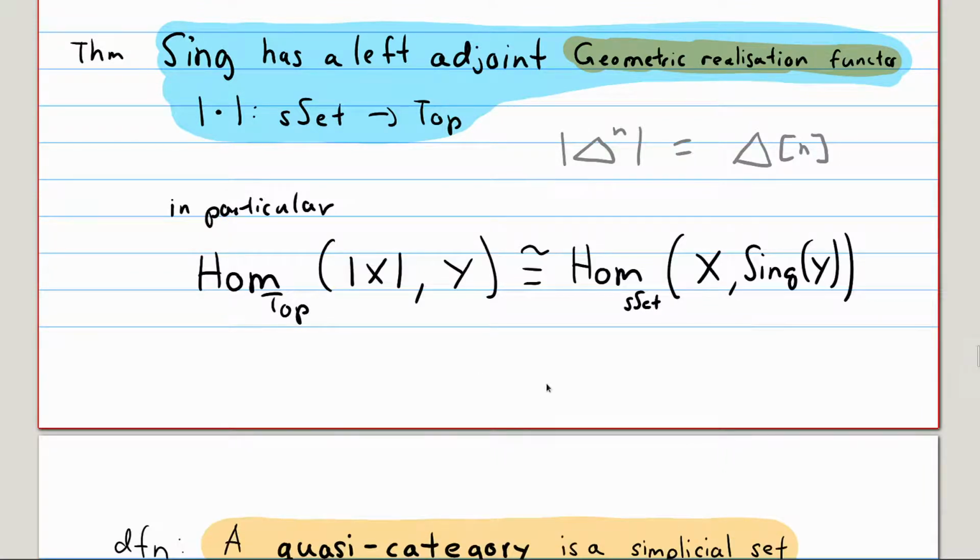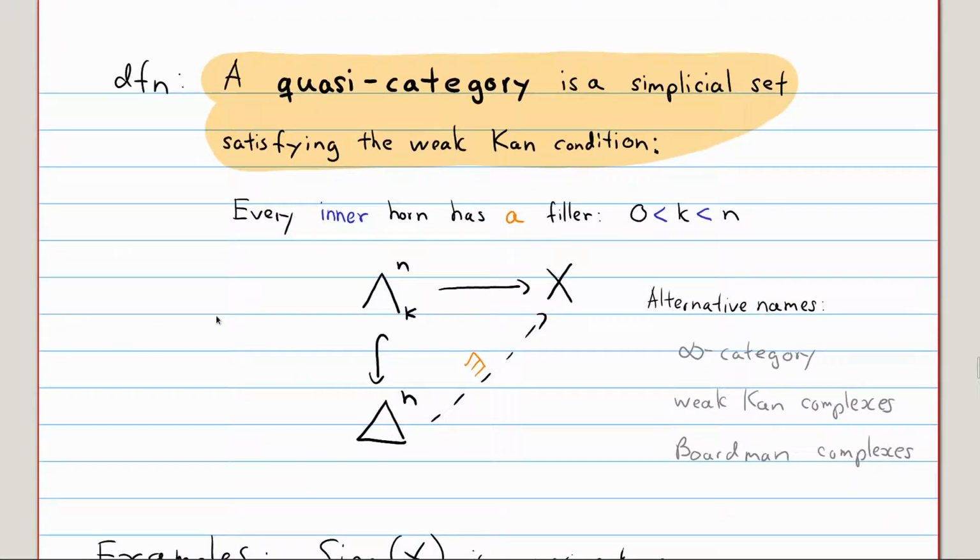Okay, then let's go over to the actual definition, the main thing that we've been always trying to do, and that's the definition of a quasi-category. A quasi-category is nothing but a simplicial set that satisfies what's called the weak Kan condition, and we're going to explain the word weak later, which says that for every inner horn, so if we choose our k to be between 0 and n, then for every morphism from here to here, there exists some lift of this function from the n-simplex.